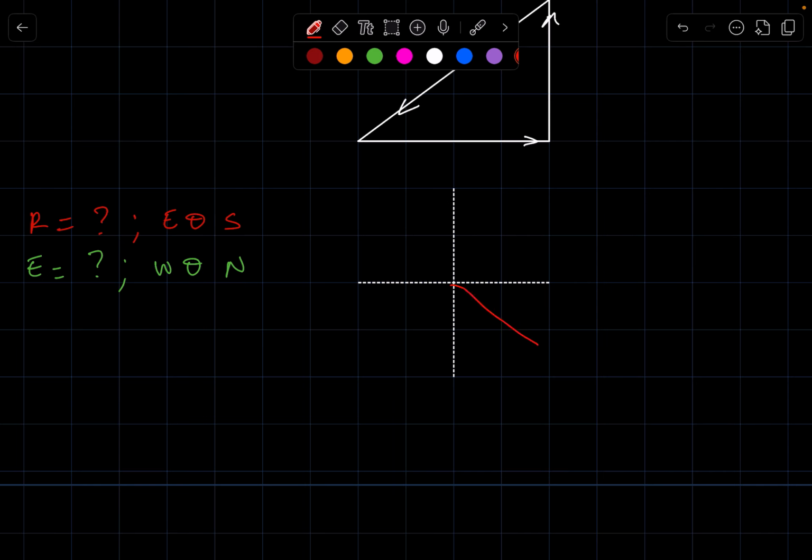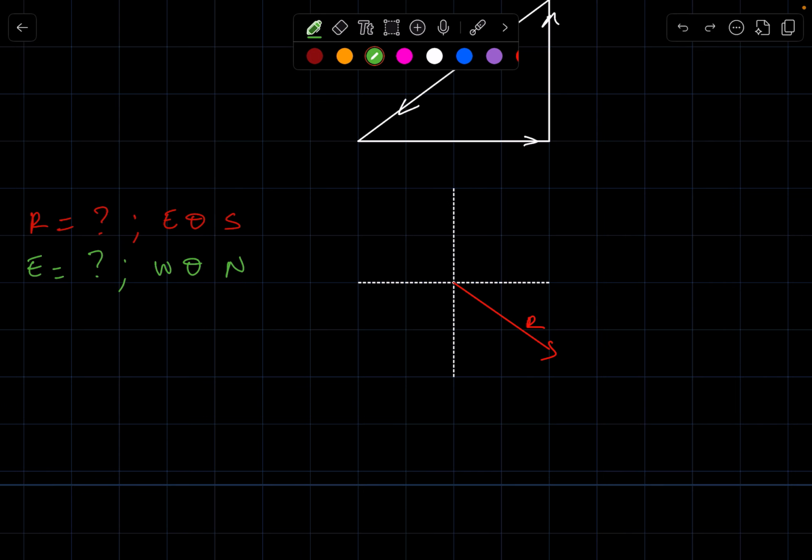If the resultant is acting somewhere here in that direction, that's the resultant, right? Opposite of this, right? Remember, this is east, south, right? Opposite of east, south is west, north, which is in this quadrant.